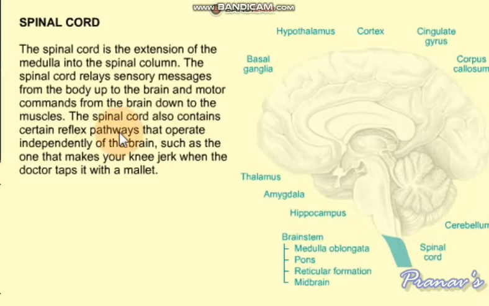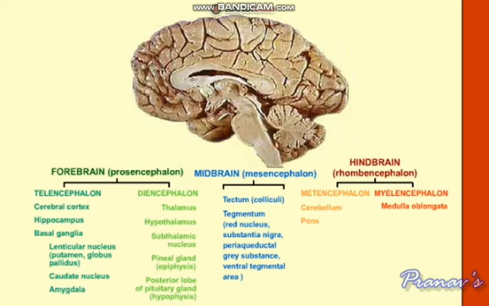So all commands from the brain pass through the spinal cord. The spinal cord also contains certain reflex pathways, which we will discuss later, that operate independently of the brain, such as the one that makes your knee jerk when the doctor taps it with a mallet. So we can say that the spinal cord carries information from the brain to all the muscles, that is, to the whole peripheral nervous system.